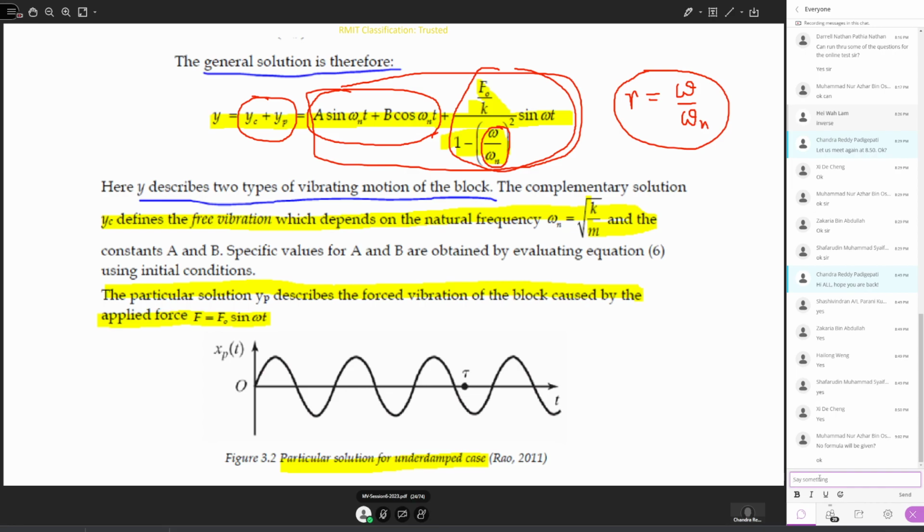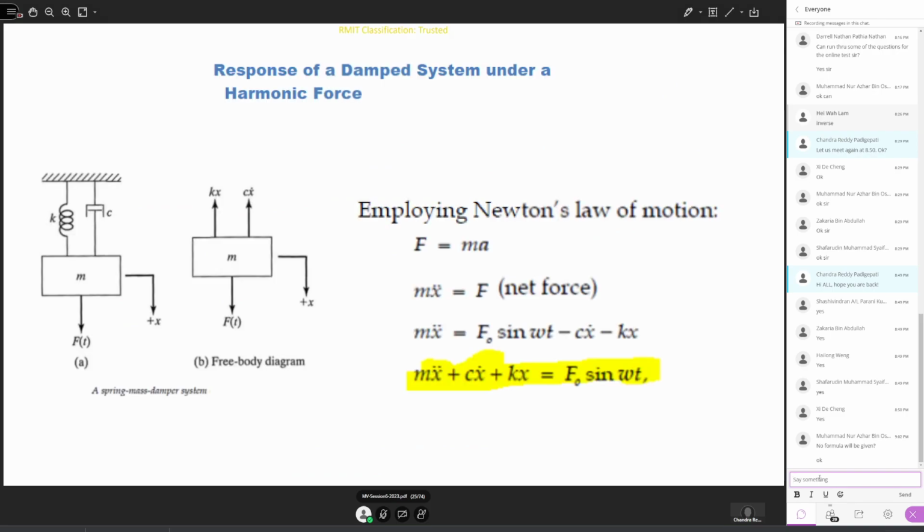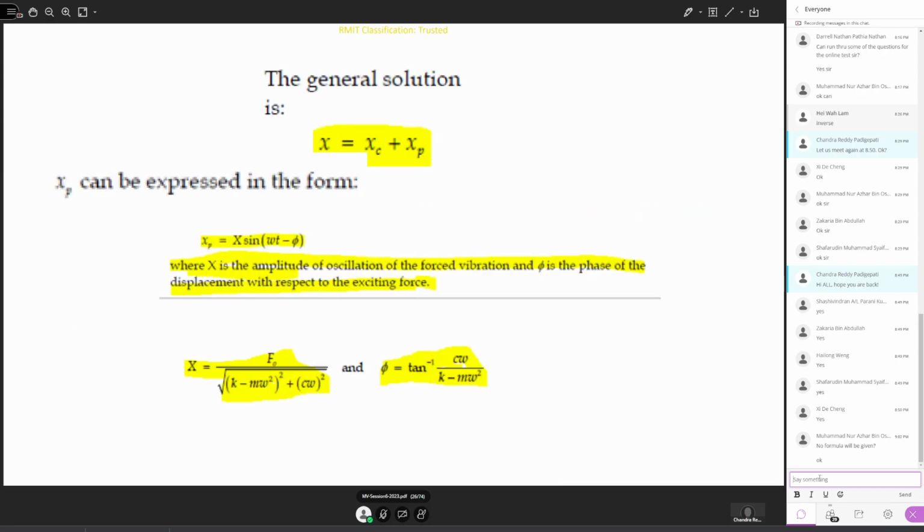Next we can study the equation of motion for the damped and forced vibration. We can see a damped system under a harmonic force. This is the equation of motion for a damped system under harmonic force. Again, this system will have two solutions, the complementary solution and the particular solution.